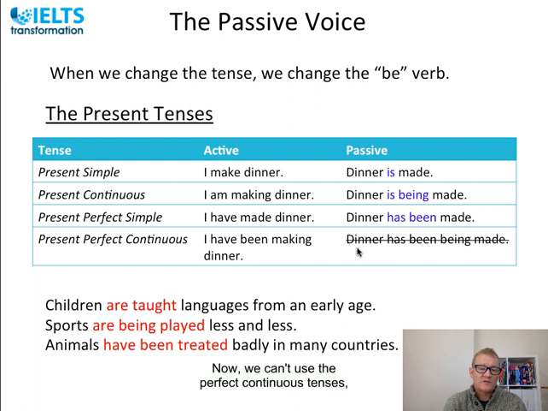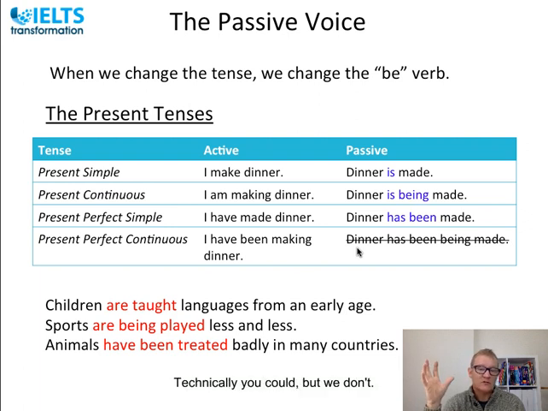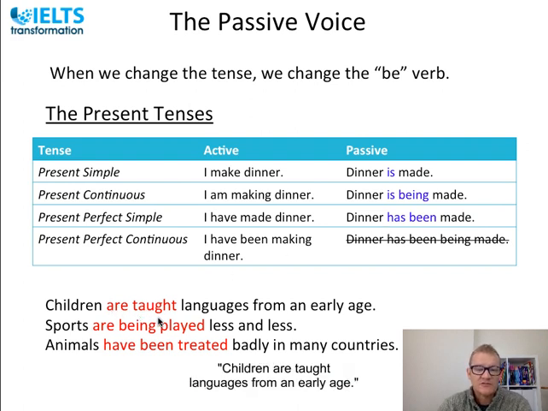Now we can't use the perfect continuous tenses. "Dinner has been being made." We can't say that, or we don't. Technically you could, but we don't. We go back to the present perfect simple. "Children are taught languages from an early age." "Sports are being played less and less." "Animals have been treated badly in many countries." So that's the present tenses.